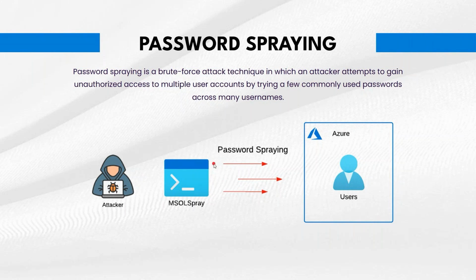The attack technique is quite simple: instead of targeting one user with multiple passwords, the attacker targets one password with multiple users. So if it is admin at microsoft.com, it will be admin at 123. The password will be tested with multiple usernames present in the cloud environment.